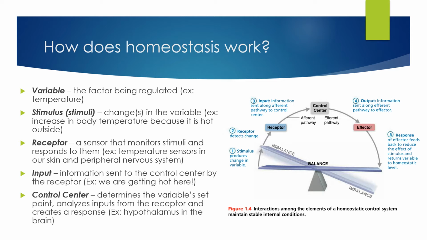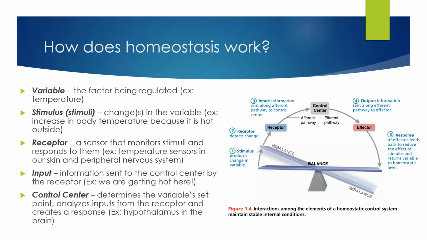Or there could be an external stimulus, such as the air conditioning goes out and my house gets really hot. So a stimulus is going to kind of set the whole homeostatic balance in motion. It's going to change that set point a little bit. The temperature may go up, your blood sugar may drop, something like that.